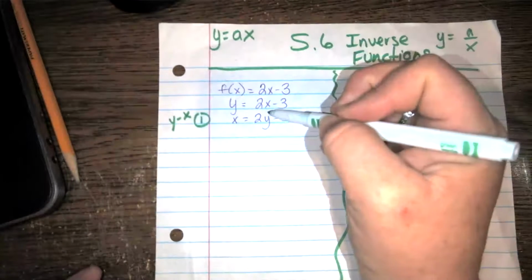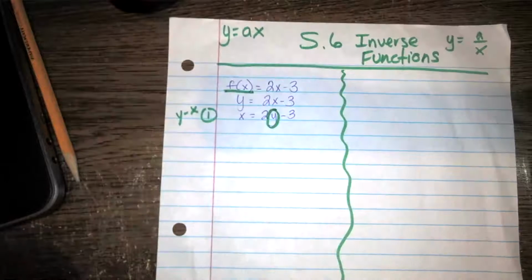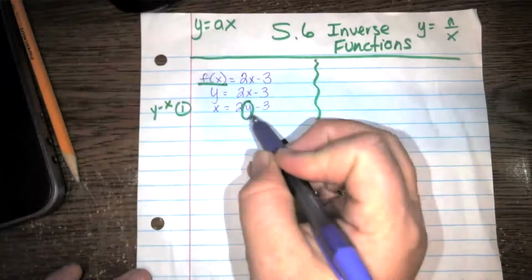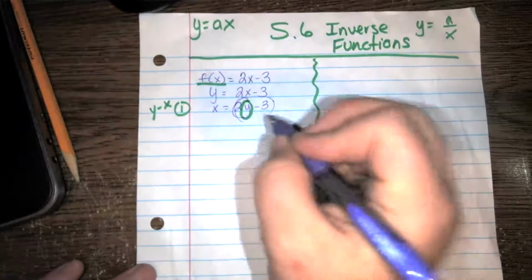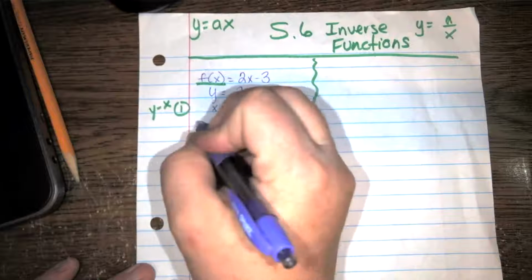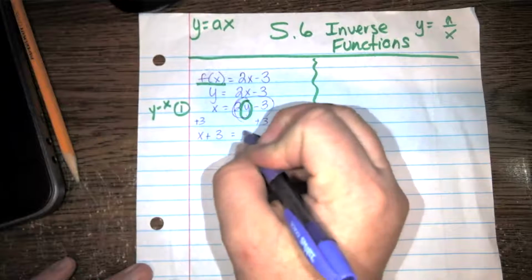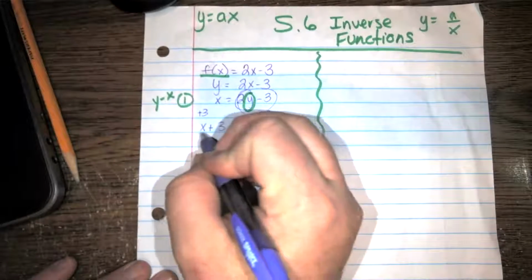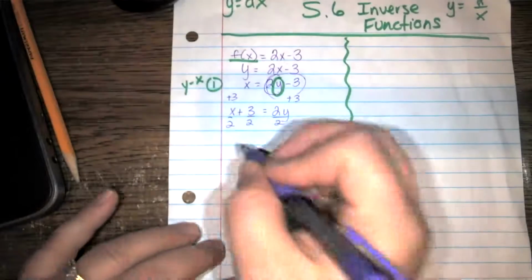And then I'm going to solve for y, just like I was up here. If I want to get this all by itself and unravel this, the first thing I'm going to do is add 3 to each side. So I have x plus 3 is equal to 2y. And then I'm going to divide by 2. Who am I going to divide by 2? I'm going to divide everybody by 2.